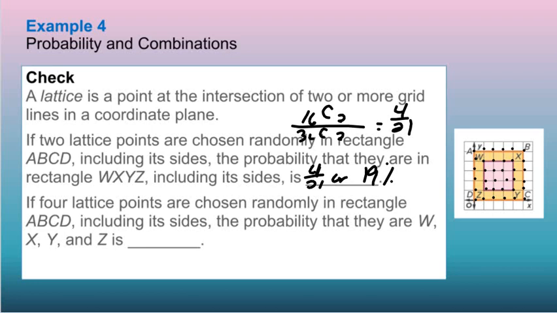Now, if you're doing 4 lattice points, that would be 16 choose 4 divided by 36 choose 4. For our calculator, we have 16 choose 4 divided by 36 choose 4.